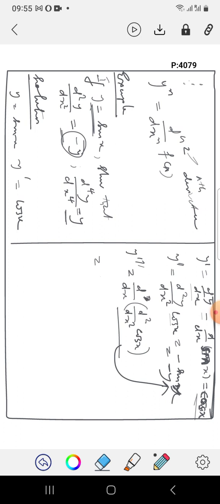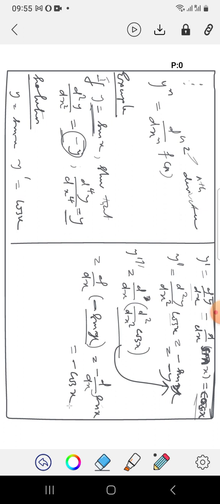So what we are looking for is d/dx of minus sine x, which is going to give us, since the negative is a constant, it slides out, d/dx of sine x. The derivative of sine x is cos x. So it's going to be minus cos x. Therefore, you can say y triple prime equals minus cos x.